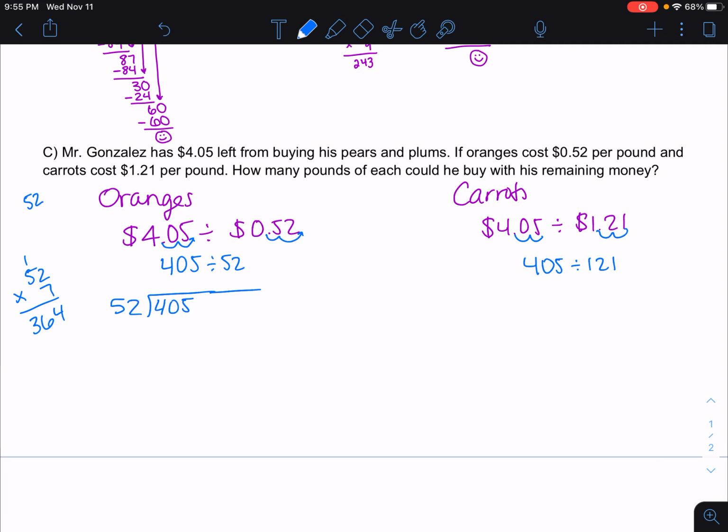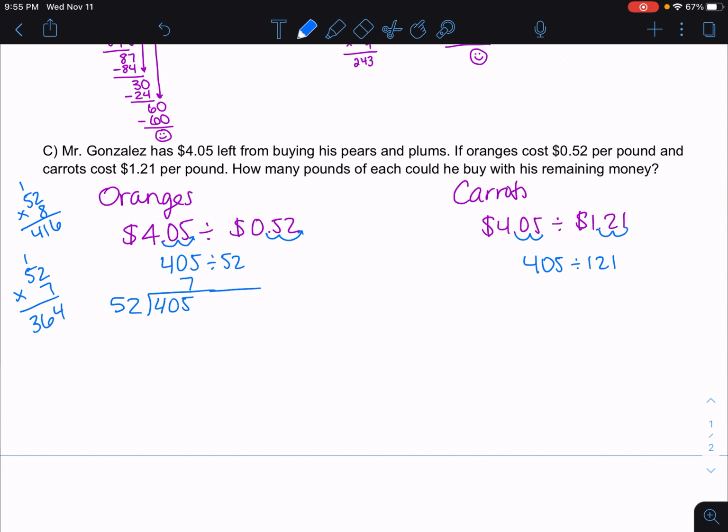If I do 52 times 8, 8 times 2 is 16, 8 times 5 is 40, so 416. So 7 is where we're going to start, because 416 is too big. So 7 times 52 is 364.